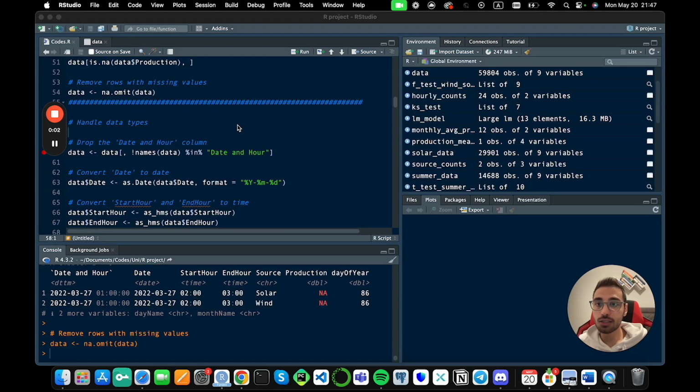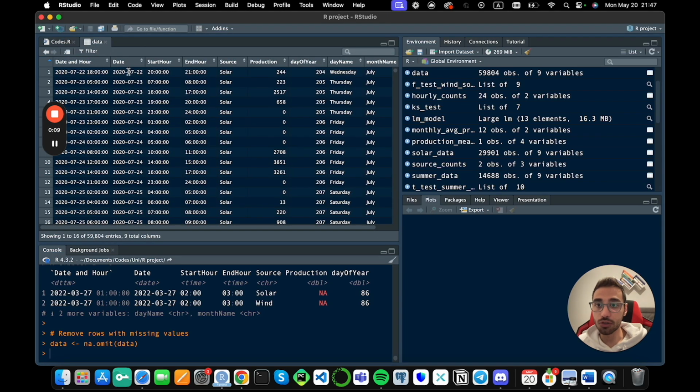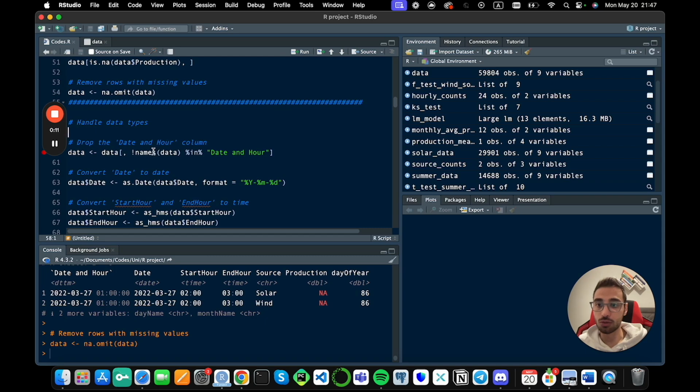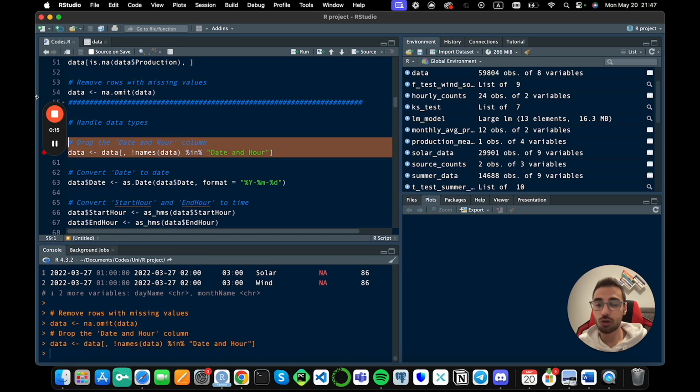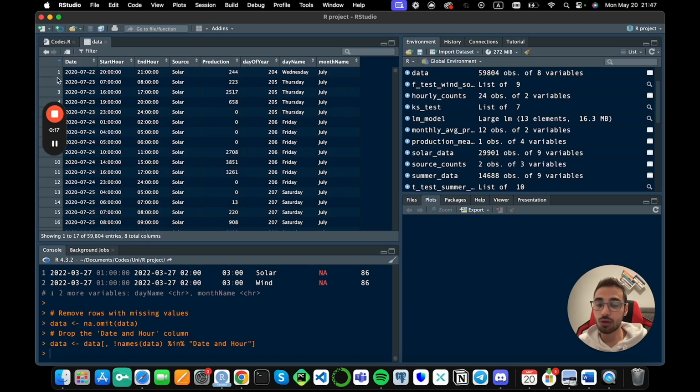As we discussed before, we wanted to remove date and hour because we have another date here, so we can do it with running this part of the code. We drop the column and everything is working perfect.